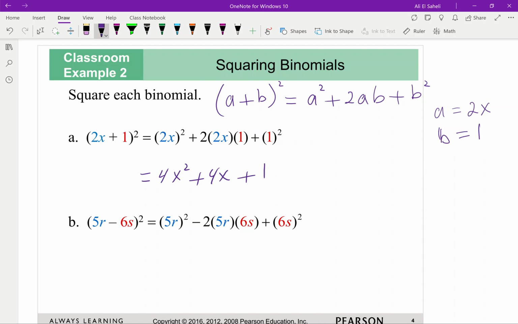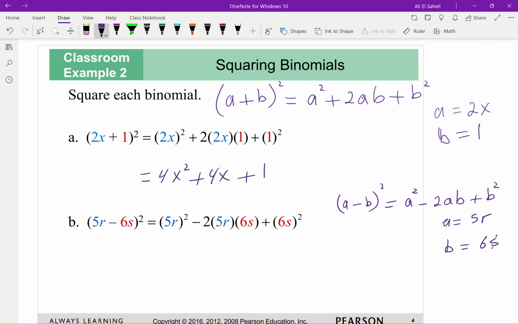Similarly here, this is a minus b squared equals a squared minus 2ab plus b squared. A in this scenario is 5r and b is 6s.